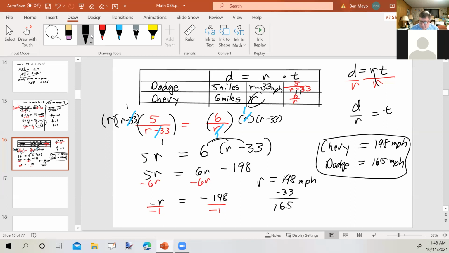So there's our answers. We set up a table using the formula distance equals rate times time, took the fact that the times were the same for both vehicles, wrote each formula in terms of time to create our new equation, and solved it by multiplying both sides by the LCD and going on from there. Any questions before we proceed to the next example?